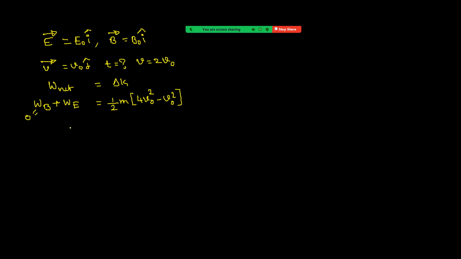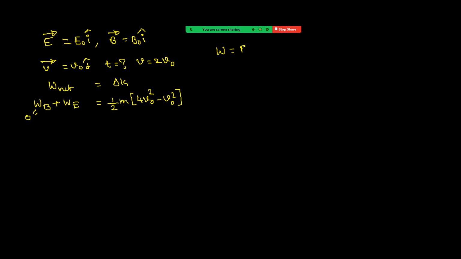This is equal to 0. That means work is done only by the electric force, right? So I am writing here. And see here, the field is constant. Since the field is uniform, the electric force is constant. Electric force constant means we can write work done by a force.